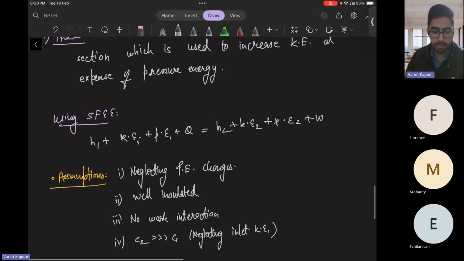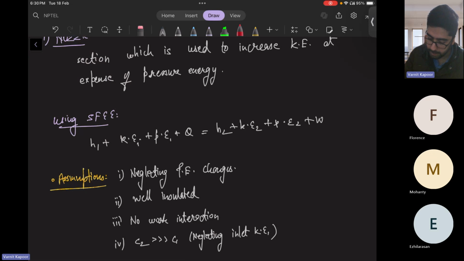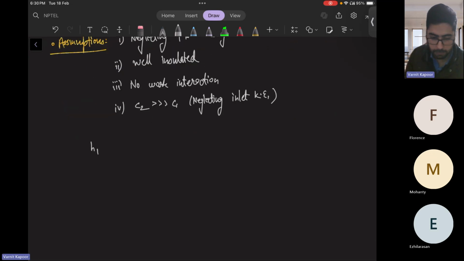After putting all these assumptions in the steady flow energy equation, enthalpy is only remaining at the inlet. This term has gone to 0, this is also 0, and since it is well insulated, this is also 0. So you're left with only h1 at the inlet, whereas at the outlet, kinetic energy will be there since C2 is very high, potential energy is 0 and no work interaction. So the final equation is h1 equals h2 plus specific kinetic energy at 2.